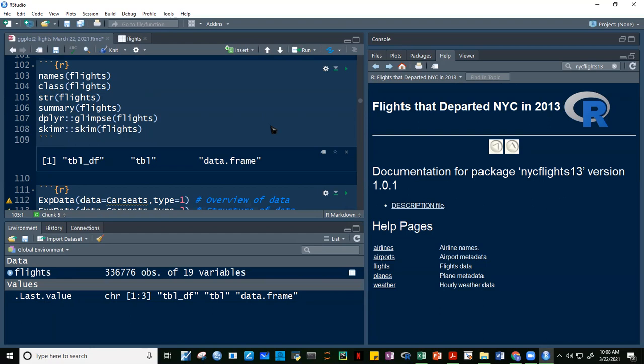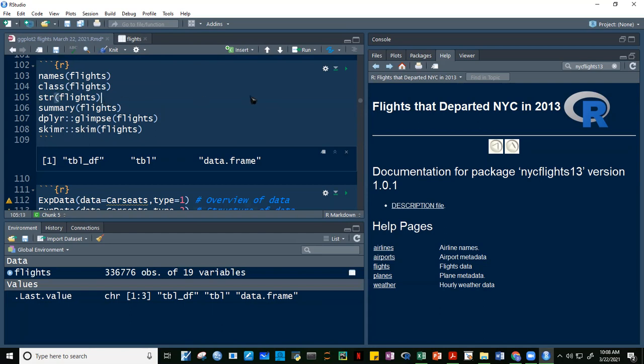A tibble is actually an enhancement of a data frame. But I think, for me, a tibble has some weaknesses that are present in data frames. So it doesn't matter actually. Sometimes we have to use data frames. Sometimes it's better to use a tibble. But we're not going to discuss the details of that at this time.